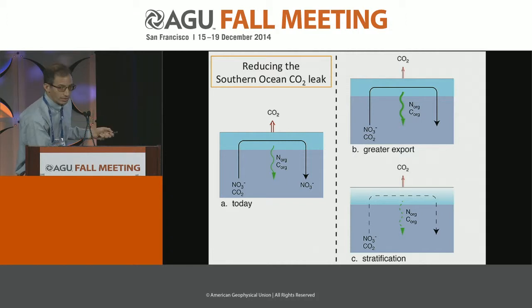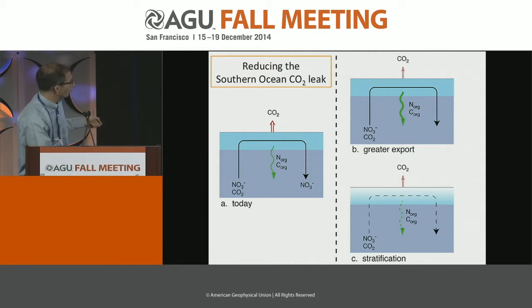One is simply that Southern Ocean biology, organic matter production at the surface and export to the interior, increased and thus consumed a greater fraction of the nutrients and CO2 that are brought up, stemming this CO2 release to the atmosphere. The end-member alternative, which I'll be describing as stratification through the talk, although that's not a terrific term, involves a reduction in the overturning rate through the Southern Ocean.